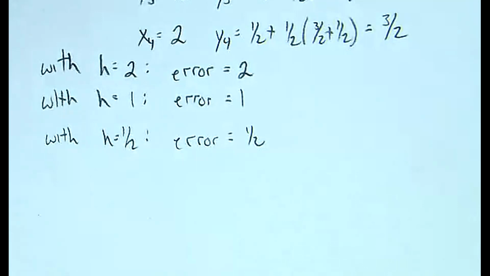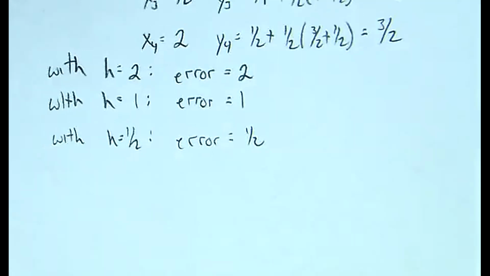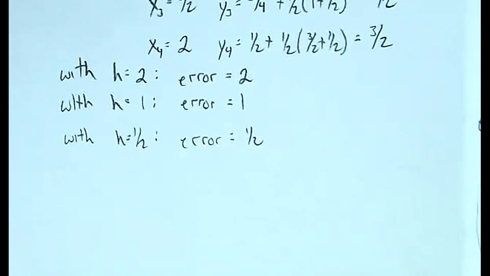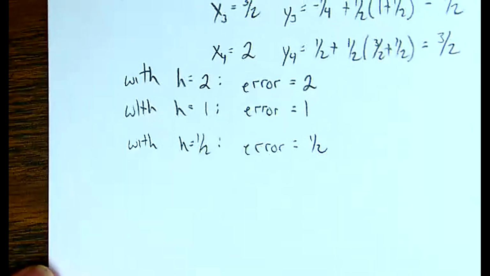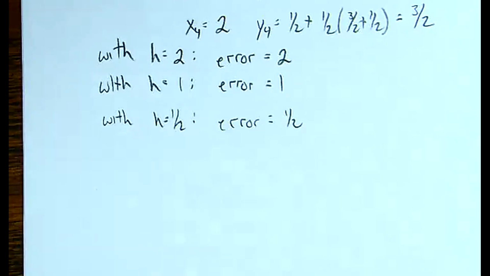But we have the same problem here that we had when we were using rectangles to approximate the area under a curve, and that is, how good is good enough? If we can do this using arbitrarily small step sizes, at what point do we stop? At what point do we say, okay, this approximation is good enough? Since this won't give us an exact value, it'll just give us an approximation, there has to be some sort of cutoff.